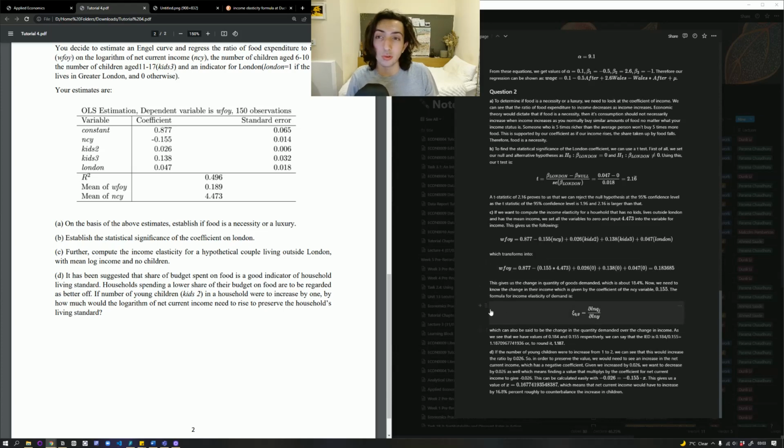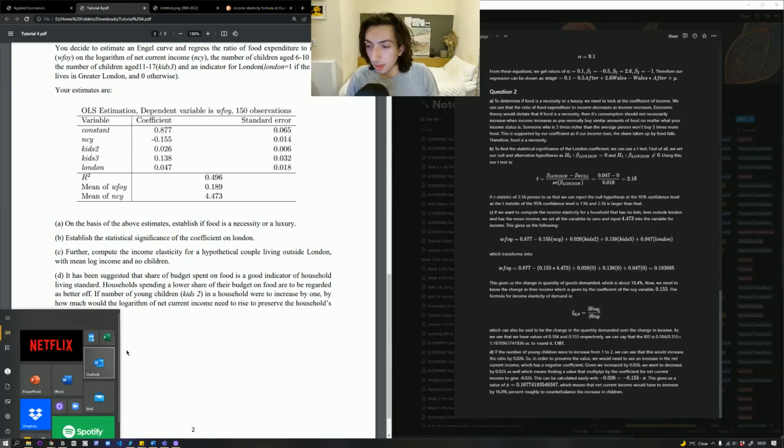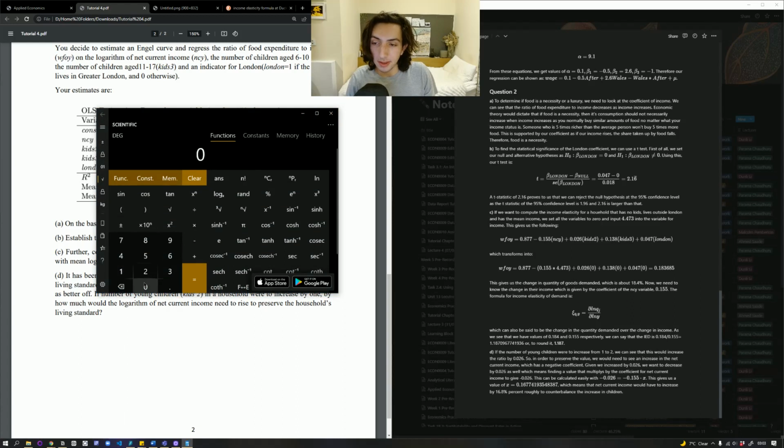This is around 1.187, although hold on, let me make sure that is completely correct. I want it to be as accurate as possible. Then we're dividing by 0.155. 0.185 is more realistic. Hold on, I need to adjust my estimates.